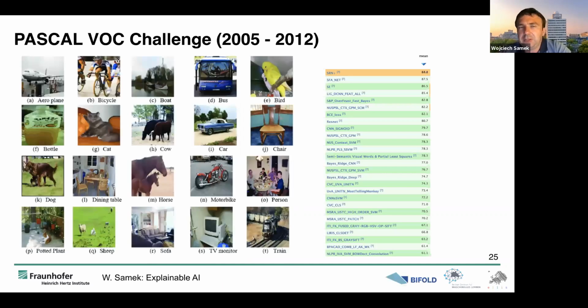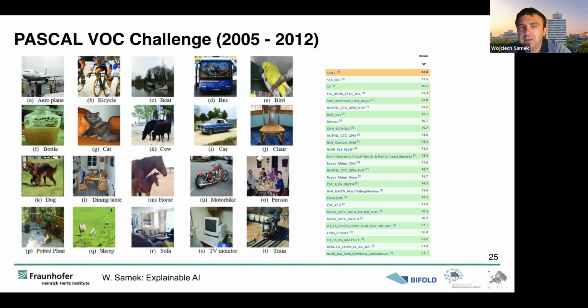So let me give you an example which may be interesting to you. There was a big international challenge on image classification. It was from 2005 to 2012. The task was to classify images in 20 different categories.